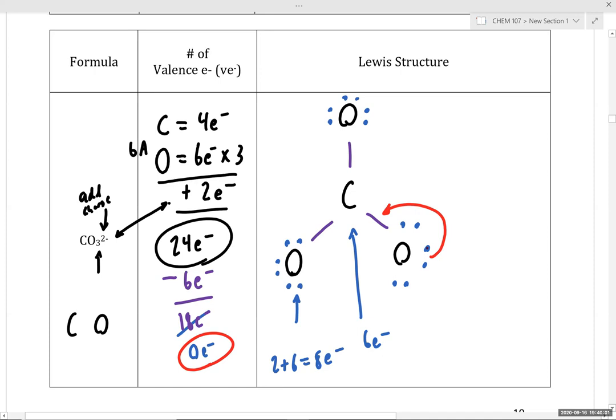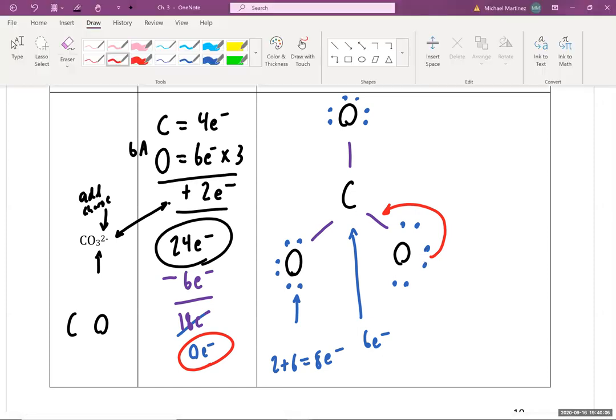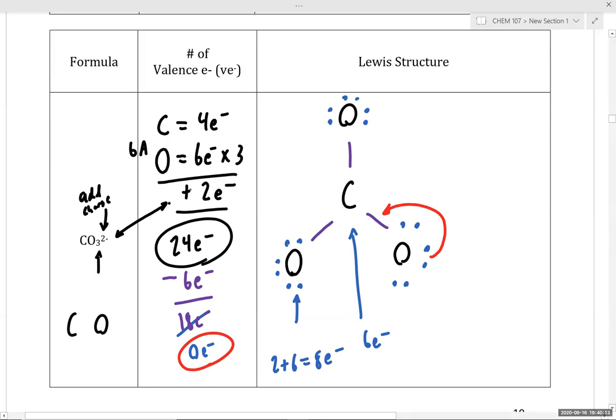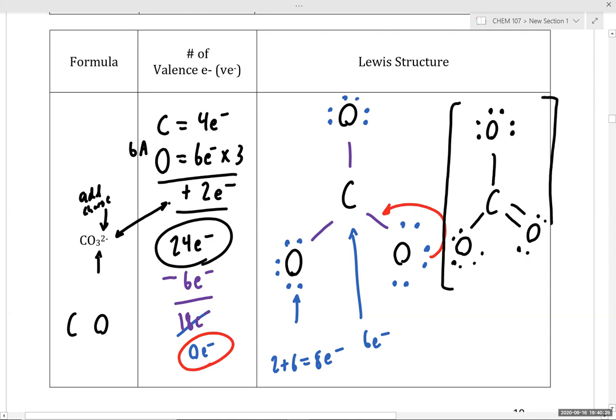So I'm going to take one of my lone pairs on oxygen and convert it into a double bond. This doesn't cost me any electrons from my total, but it fulfills my octet. So this structure would be the complete structure for carbonate.